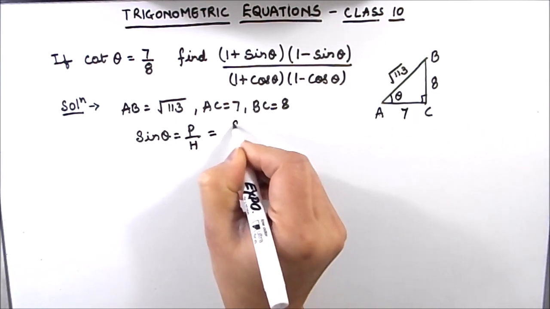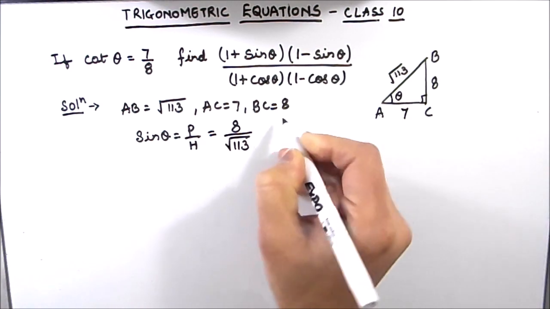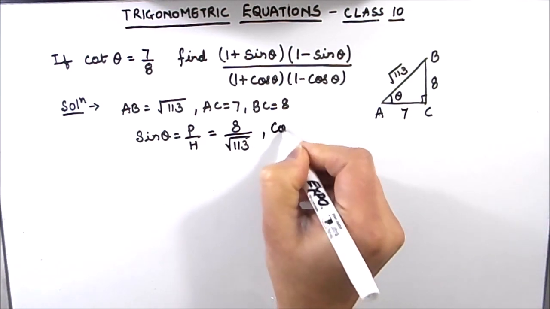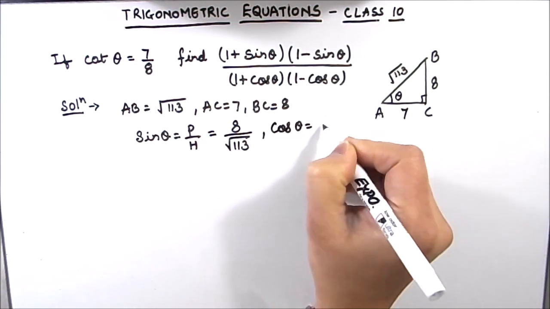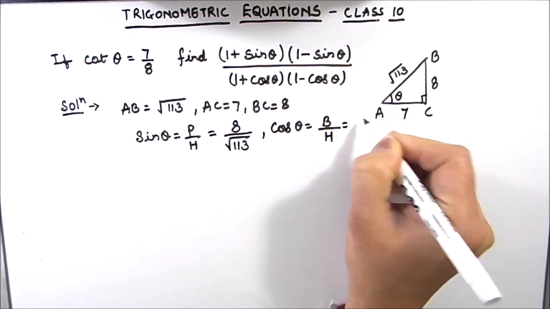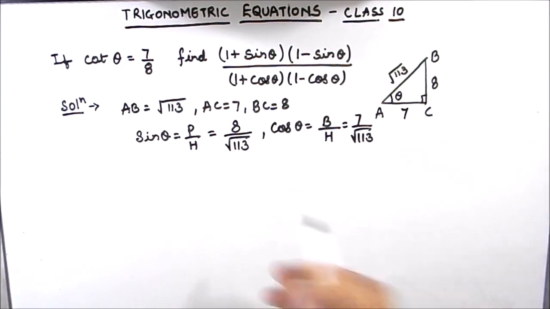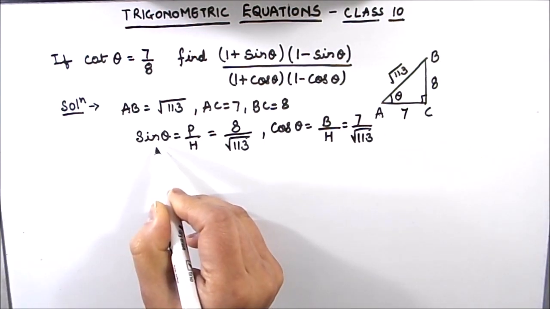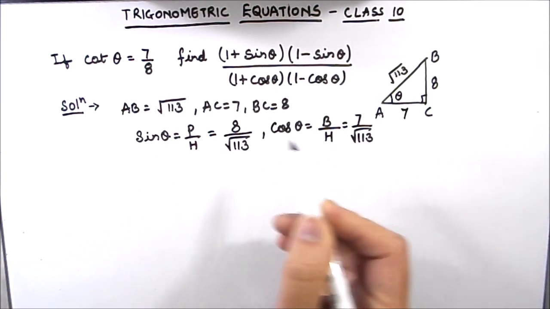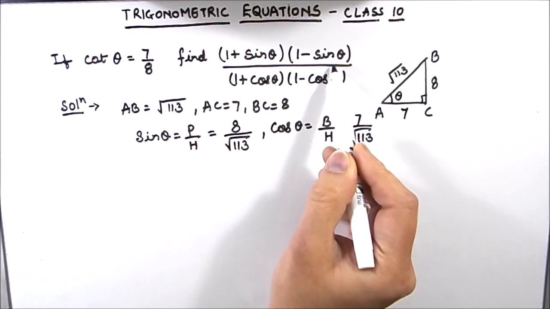Perpendicular is 8 and hypotenuse is root of 113. Similarly, we can find out cos theta as base divided by hypotenuse, which is equal to 7 divided by root of 113. So now we got the value of sin theta and cos theta. We are going to put the values in this expression to find its value.